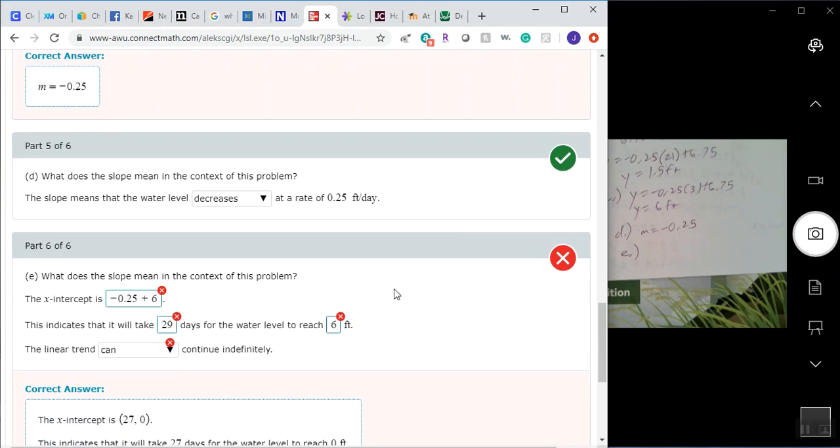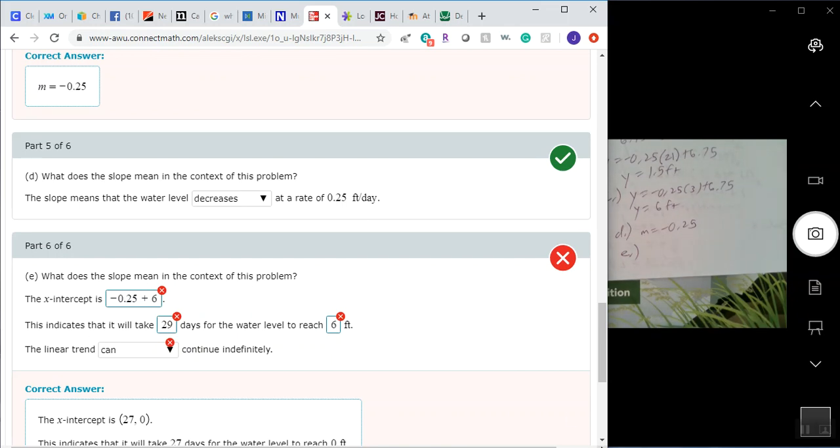Oh, they also ask us, what does the slope mean in the context of this problem? The slope means that the water level decreases. And you got that correct. Since it's negative, it decreases at this amount per day.